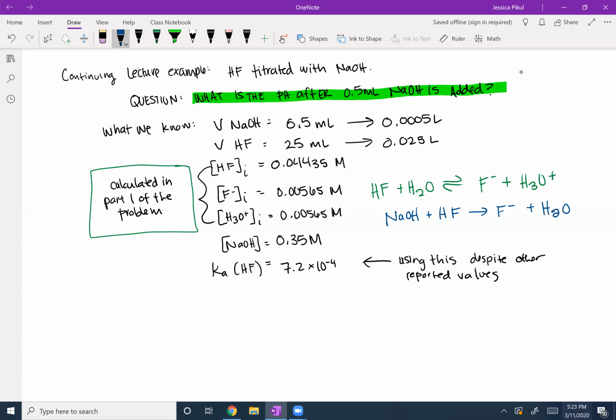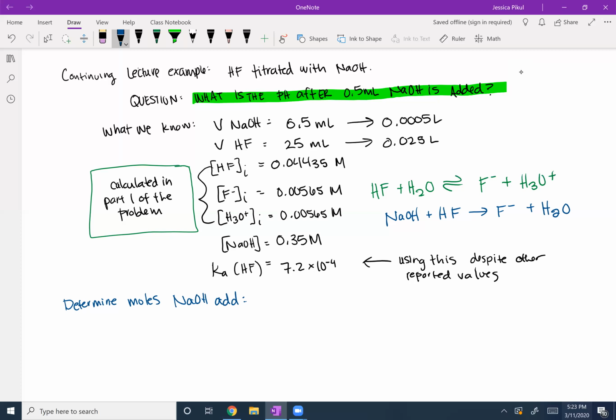So first, we need to determine the number of moles of sodium hydroxide added. This is a solution stoichiometry problem at the heart of it. We're going to use our concentration and our volume to determine this.